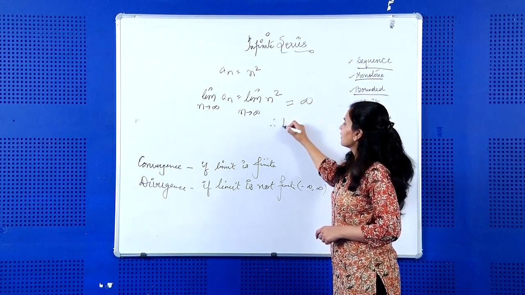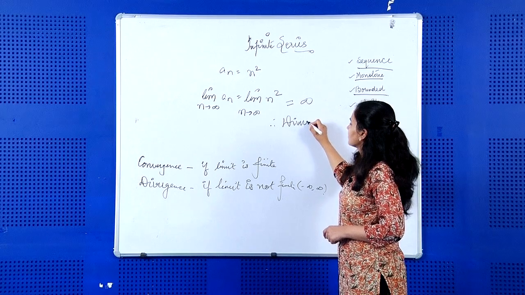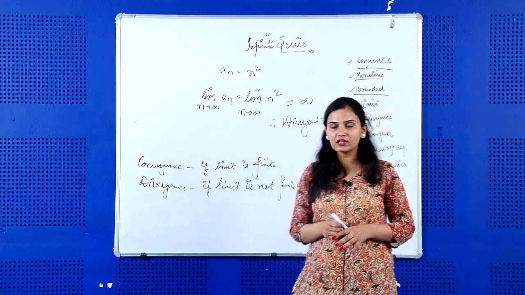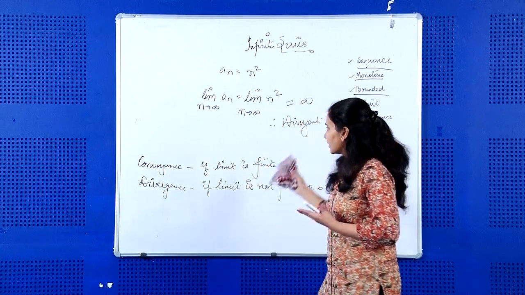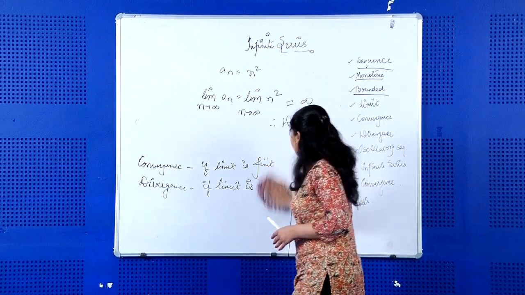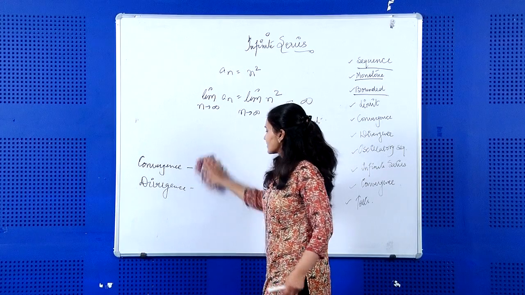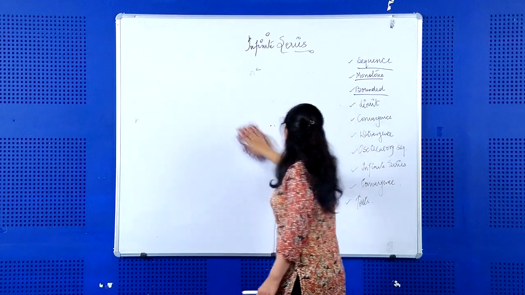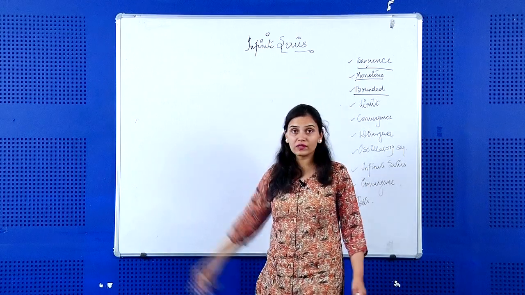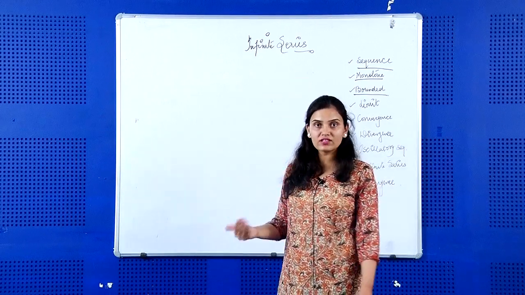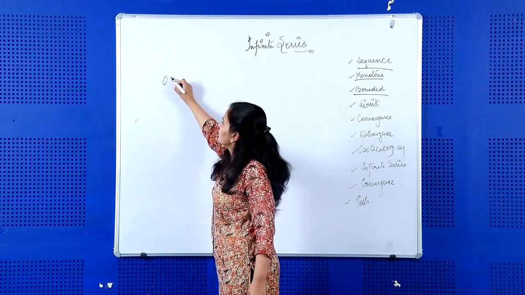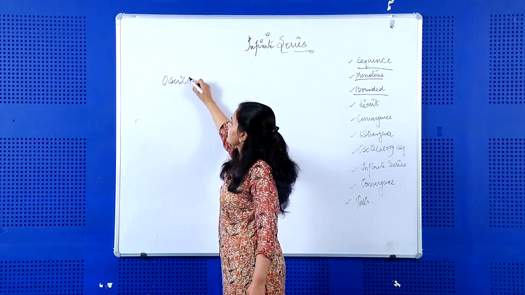So, we can say it is divergent. Divergent means the limit is infinity, the limit is not finite. This is how we check whether a sequence is convergent or divergent. Also, we are having some sequences which are neither convergent nor divergent. Such sequences we call oscillatory sequences.